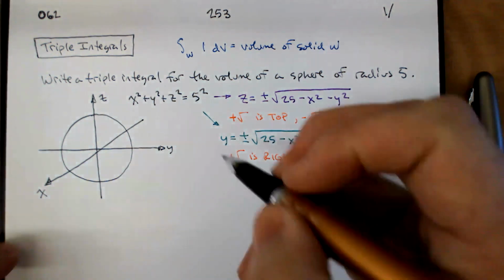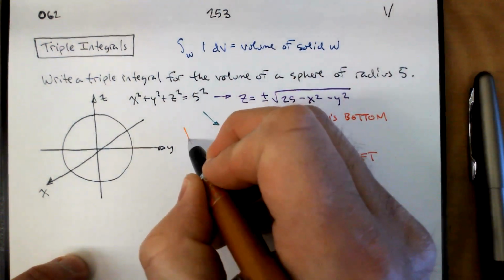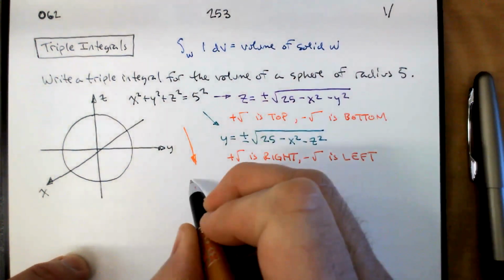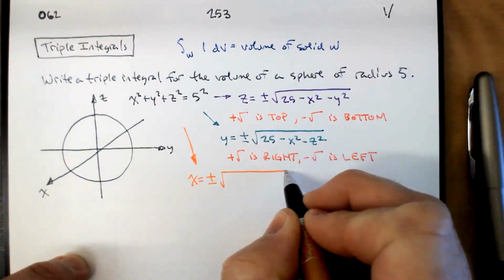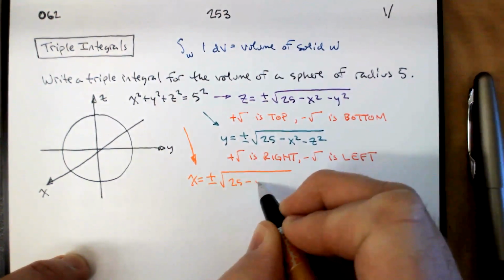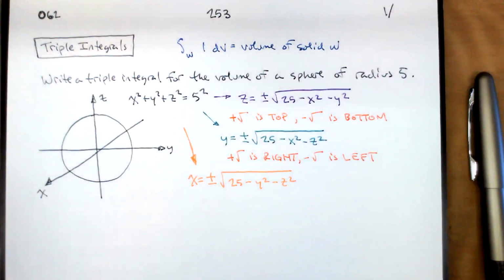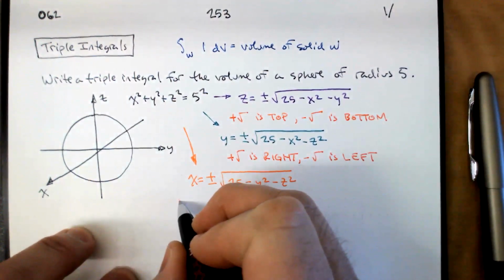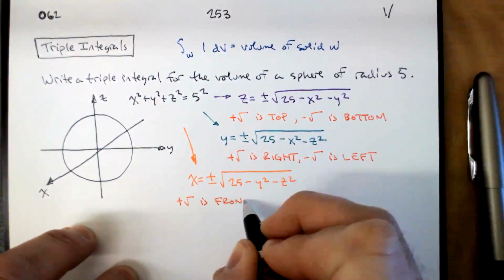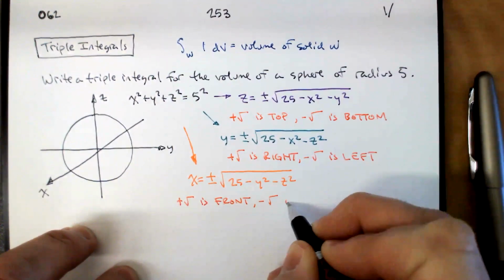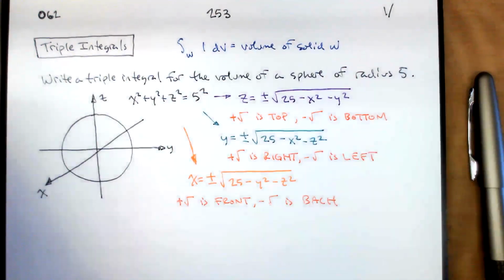And we can also do this for x. Once again, we have plus or minus the square root of 25 minus y squared minus z squared. In this case, the plus is the front and the minus square root is the back.